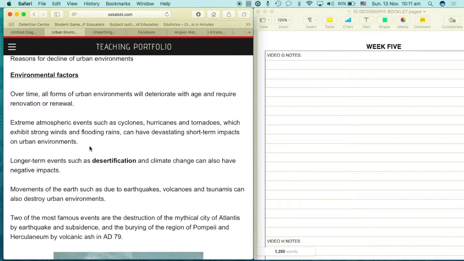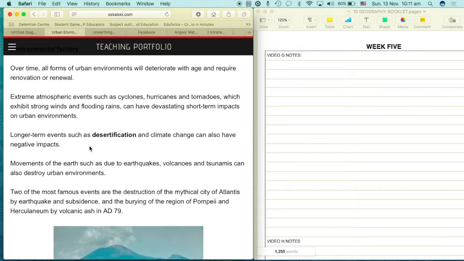And sometimes in a lot of these towns that are old and perhaps not maintained, once you have one of these cyclones, hurricanes or tornadoes go through, the decisions are made not to rebuild it or to rebuild it somewhere else. Or, as in the case of Darwin, to rebuild it, but rebuild it differently.